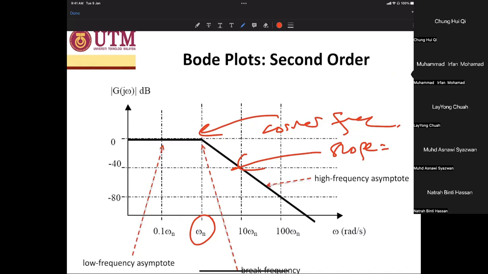Chua Leon, what is the slope of this line?